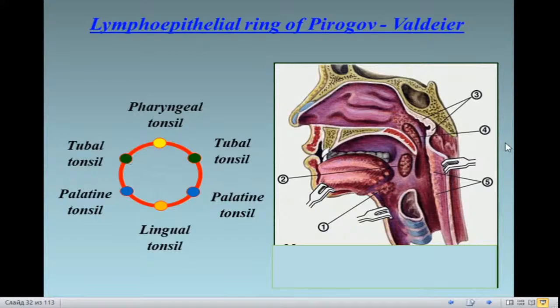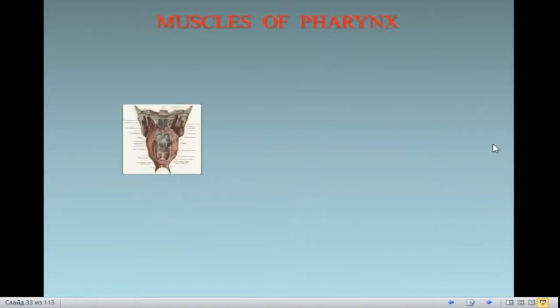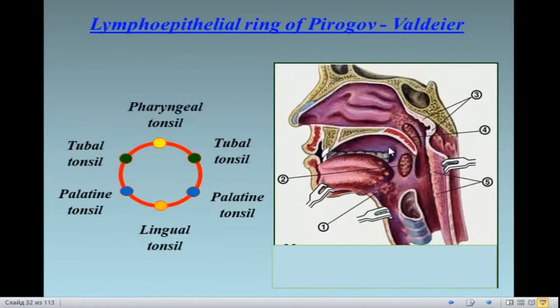Palatine tonsils are located between two arches, palatoglossal and palatopharyngeal. Tubal tonsils, also paired, are located at the orifice of the Eustachian tube. The Eustachian tube is a connection between your pharynx and middle ear, because the middle ear inside has air.